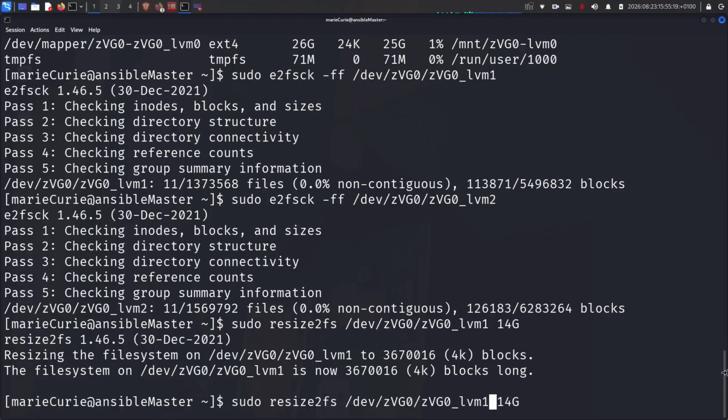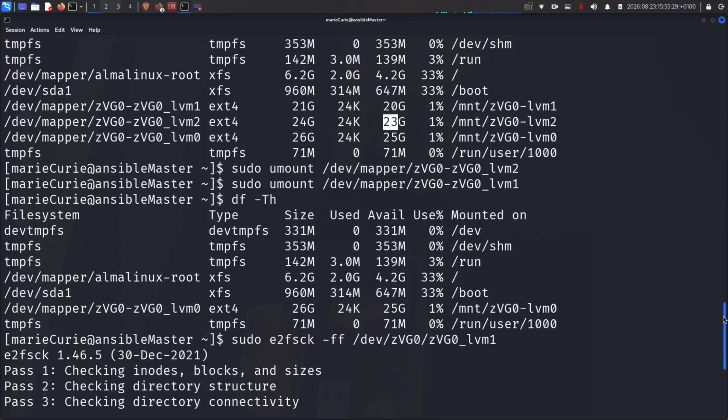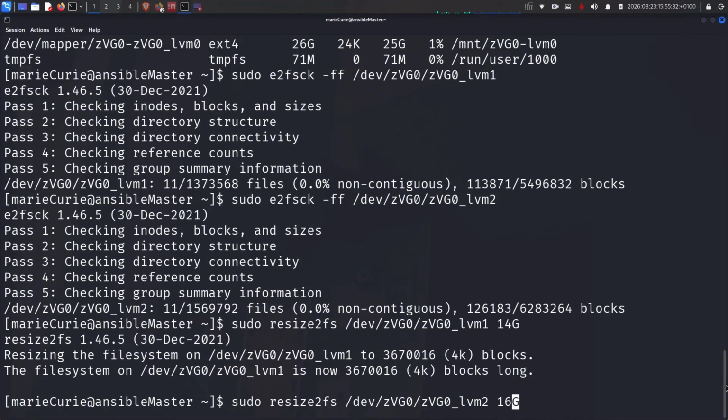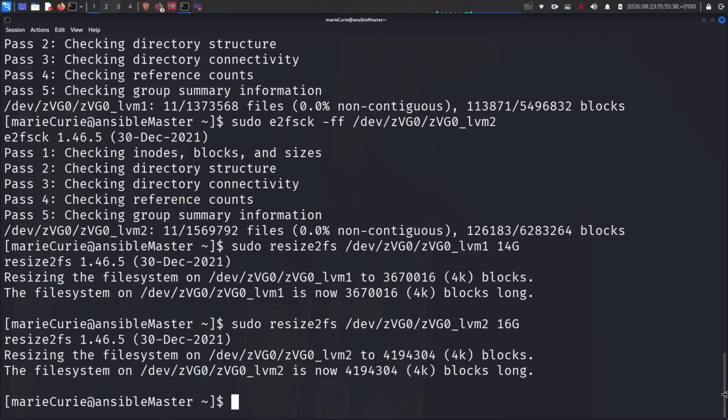And LVM2 is 16 GB, 23 minus 7, it will be 16. Here you can see it is 23 minus 7, it is 16. Okay, it is not removing the data, it is optimizing the file system. Now the real action block.